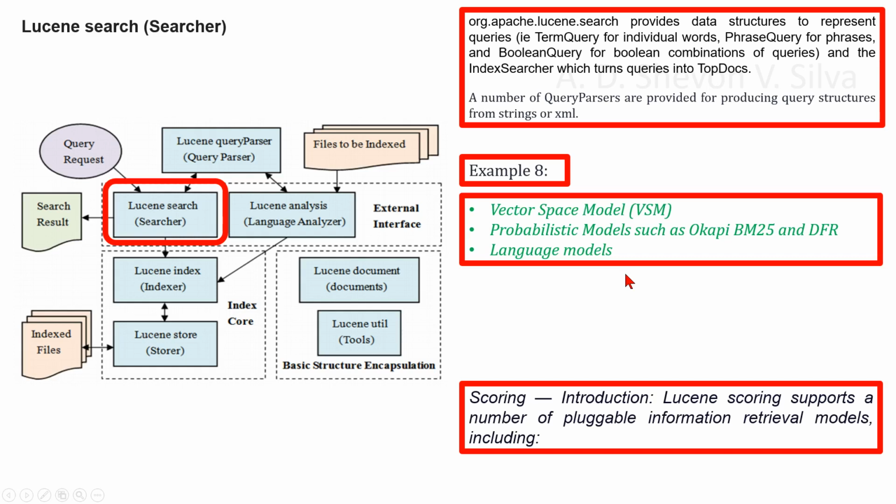Lucene scoring supports a number of pluggable information retrieval models, including the vector space model (VSM), probabilistic models such as Okapi BM25 and DFR, and language models. These models can be plugged in via the Similarity API and offer extension hooks and parameters for tuning.